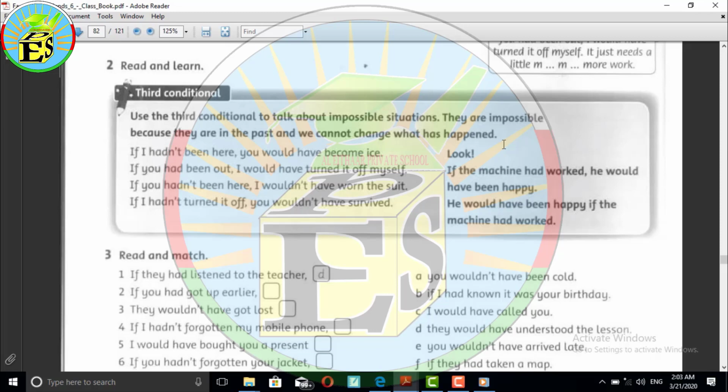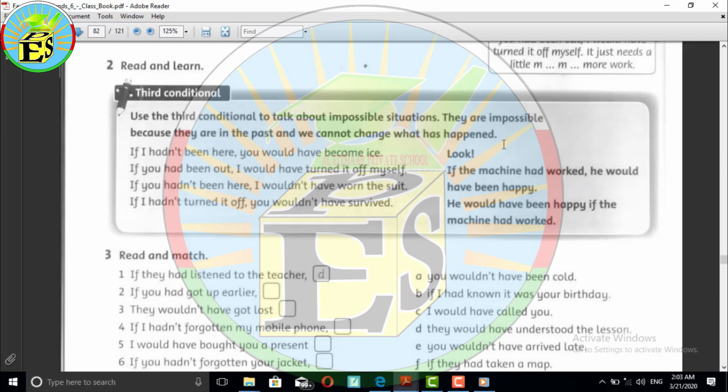So this is impossible. Also use the third conditional to express regret. Like what? If I had studied more, I would have passed the exam. You are very sad about not passing the exam. You regret. Okay?